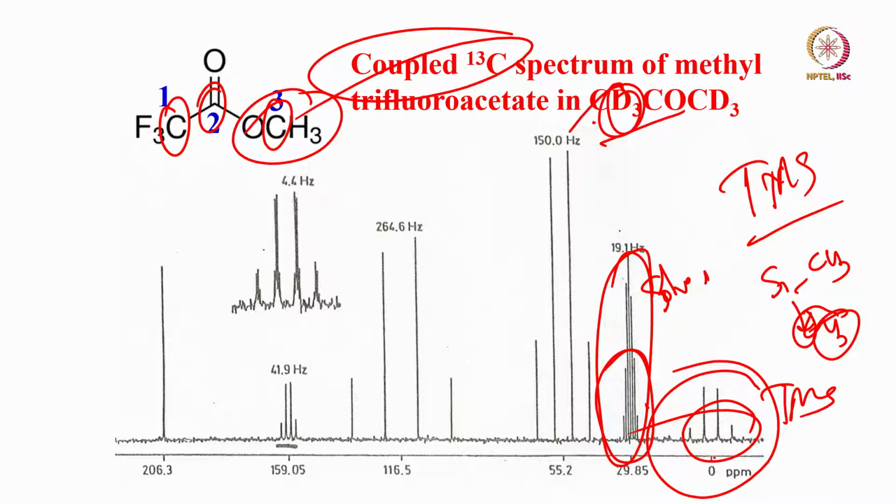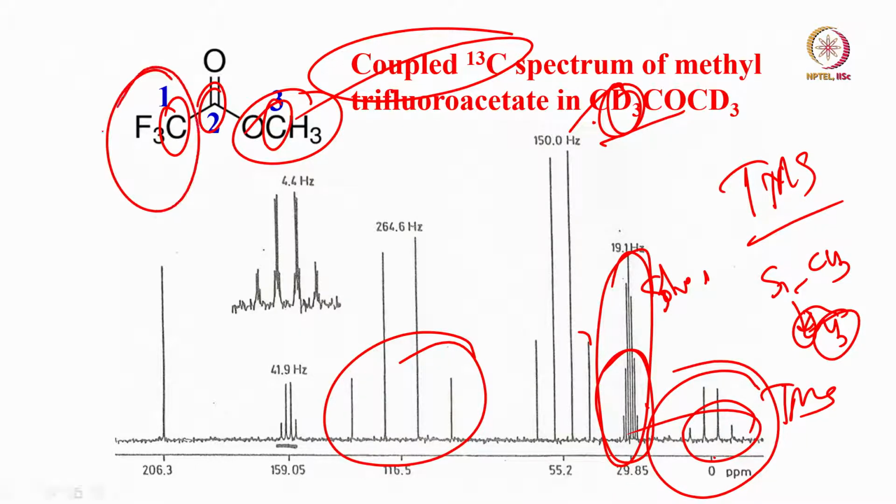Now, how do you understand the 4 different patterns? Now, you see one of them is a large quartet, large separation. In the previous example we saw this must be CF3, where carbon is directly bonded to 3 equivalent fluorines. So, it is the CF3 carbon.